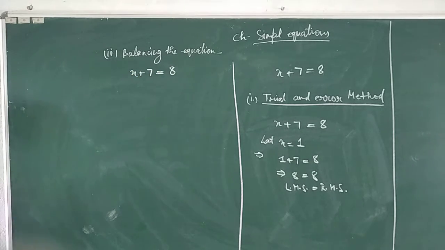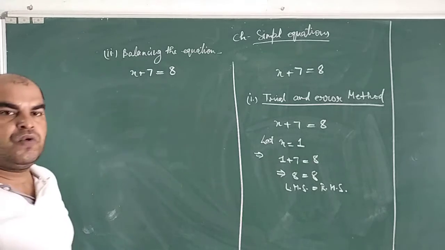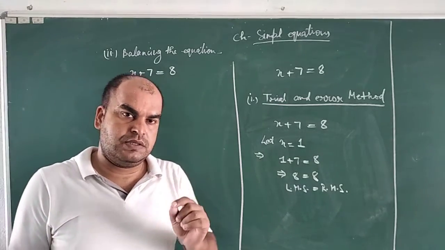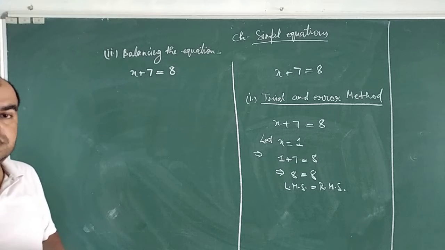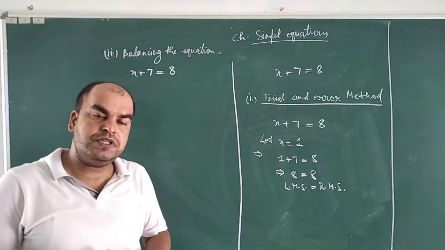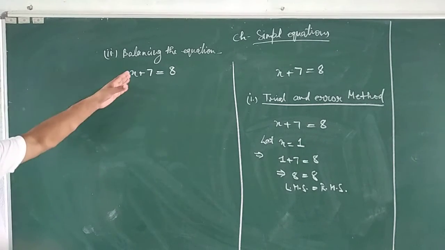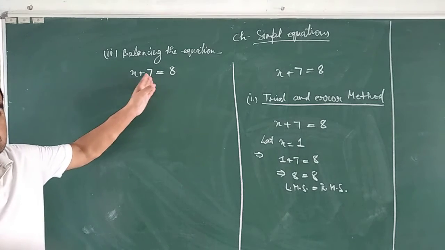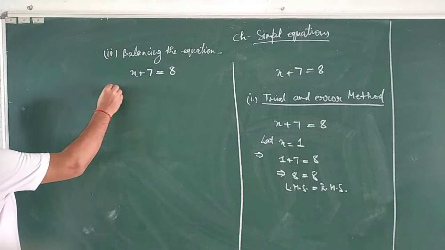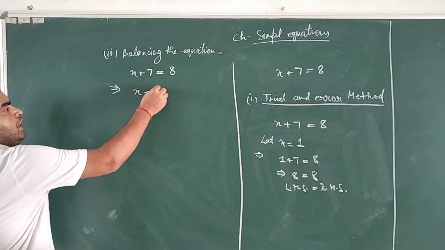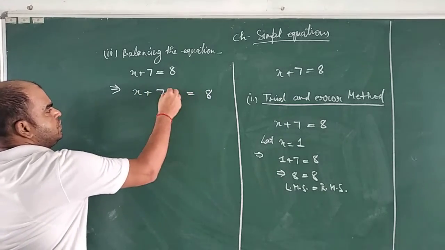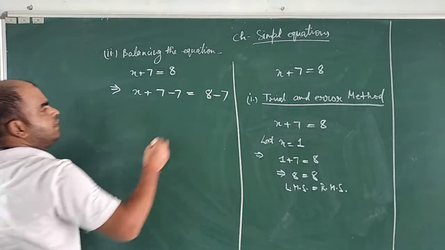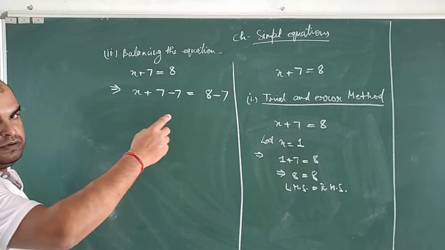How to balance it? Here you require the value of x, so this 7 is extra. How can we remove this 7? If we subtract 7 from both sides, we can balance the equation. x plus 7 equal to 8, so minus 7, minus 7. We balance the equation.